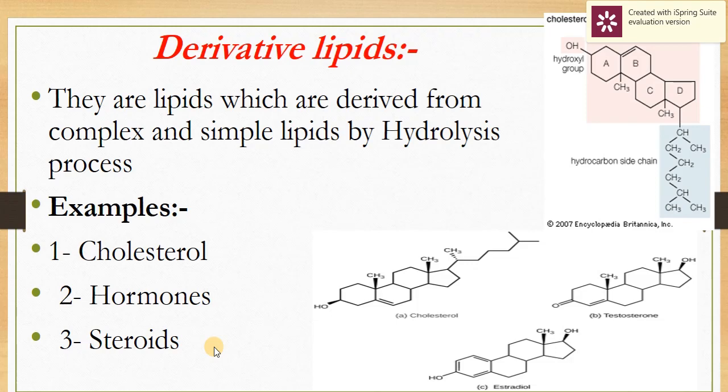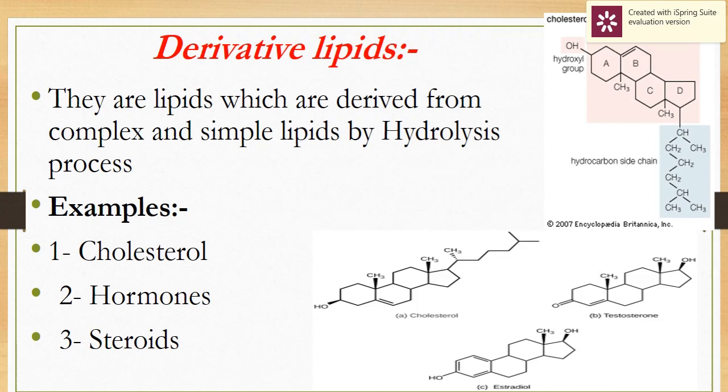So we have 3 types of lipids. Simple lipids are divided into oil, fat, and wax, and we have complex lipids like phospholipids, and derivative lipids like cholesterol and some hormones and steroids.